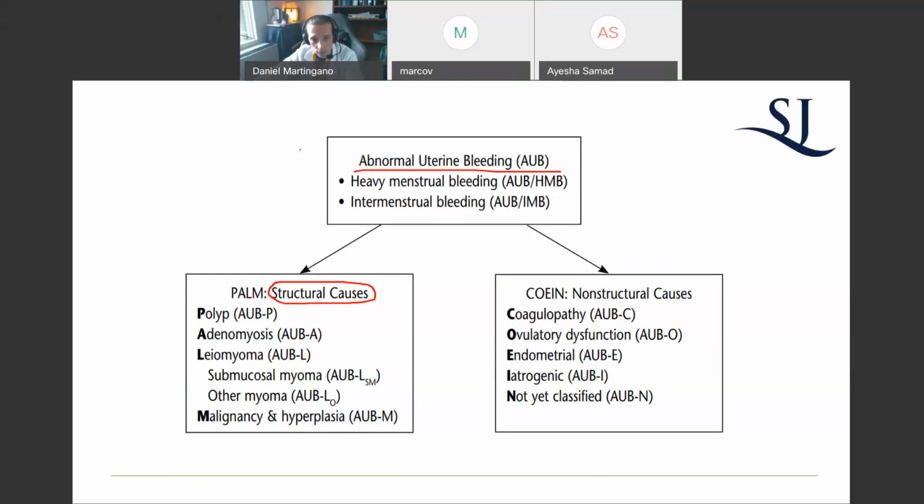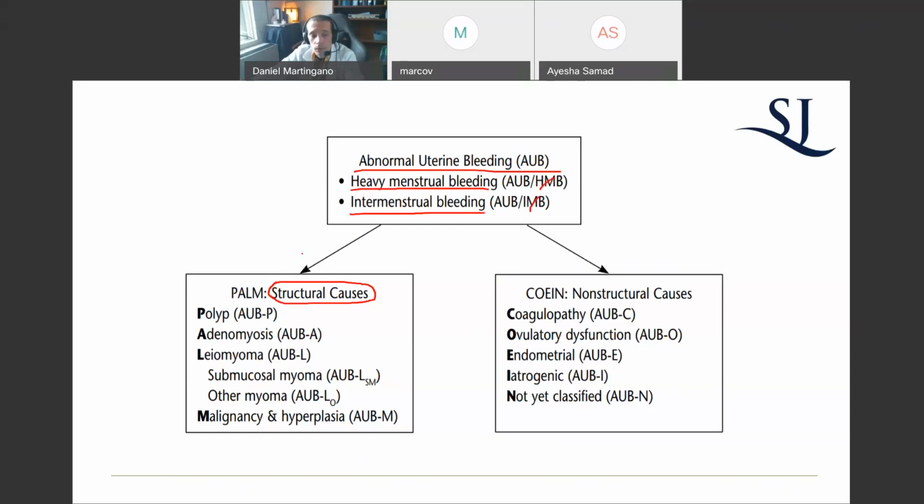This comes from the ACOG Practice Bulletin, as does most of what I speak about. And in terms of things you'll actually see written down, AUB is an acceptable definition. HMB, IMB, that's not really used. Okay, just FYI. But these terms, heavy menstrual bleeding and intermenstrual bleeding, are used.